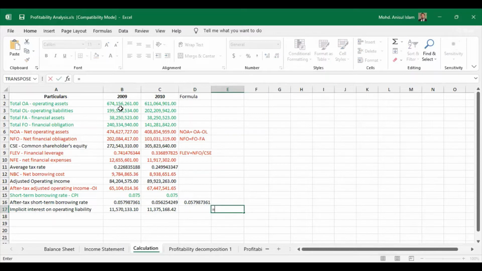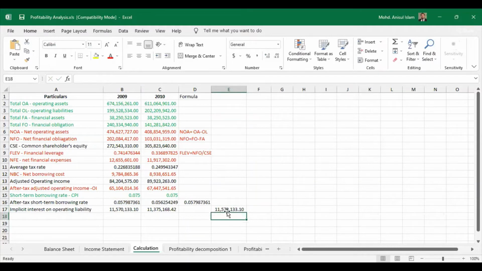Equals to these operating liabilities which we are incurring multiplied by this after-tax short-term borrowing rate. And we see this is our implicit interest cost on operating liabilities. Okay. So we have produced our materials which will be required for spread analysis later. We have our raw materials now ready. Okay, now next let's return.